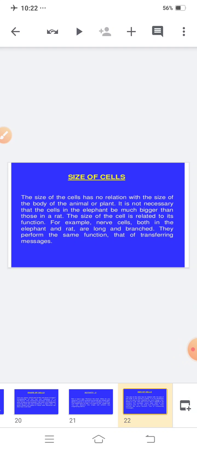For example, nerve cells, both in elephants and rats, are long and branched. So they perform the same function, that of transferring messages. That means size of a cell does not depend upon the size of the organism. Clear? They perform the same function and they can have the same length.